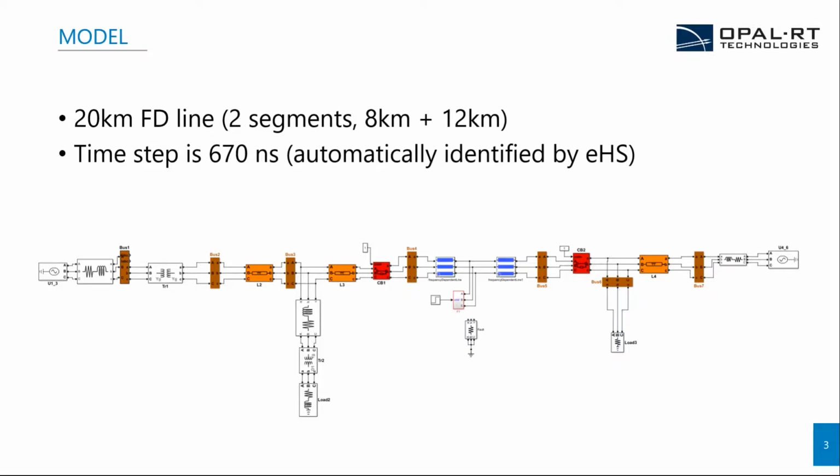And we are applying a fault between the two segments. So if we want to vary the fault location, then we will need to change the length of the two segments. The simulation time step currently is 670 nanoseconds. And this is automatically determined by the EHS solver, depending on all the components you have in this power system model and the complexity of the topology.